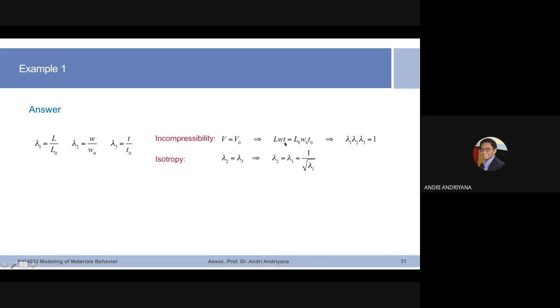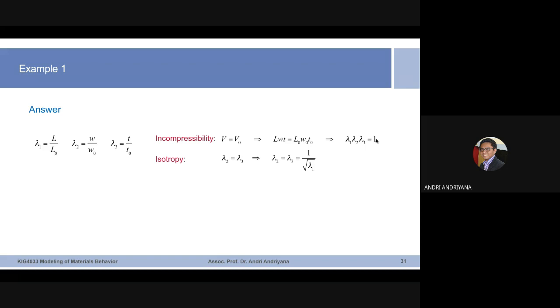What is the initial volume? It is L0 W0 T0. So from this, you can make arrangements by using these expressions, so that lambda 1 times lambda 2 times lambda 3 equals 1. So when deformation occurs at constant volume, the product of the 3 principal stretches equals 1.